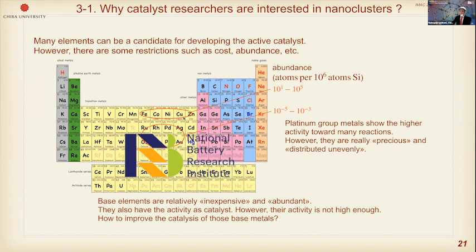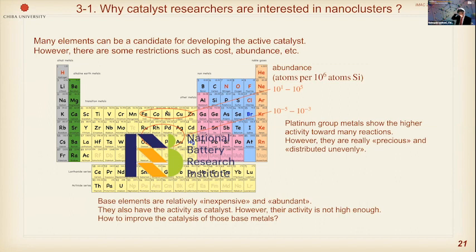On the other hand, base metals such as iron group metals have a very high abundance and, from that reason, are relatively inexpensive. Yes, I know nickel is a good point for Indonesia. Indonesia is the largest source of nickel in the world. So if you use these base metals, it's good for the industries.